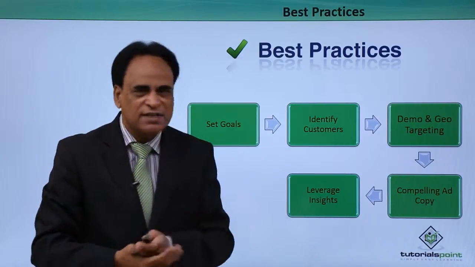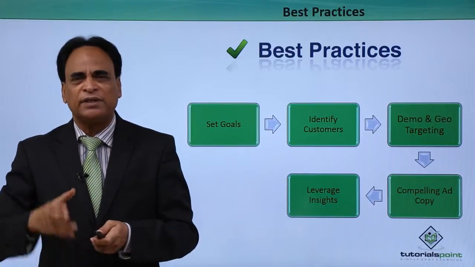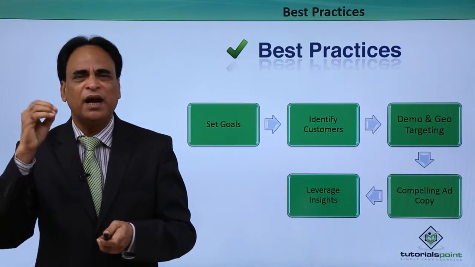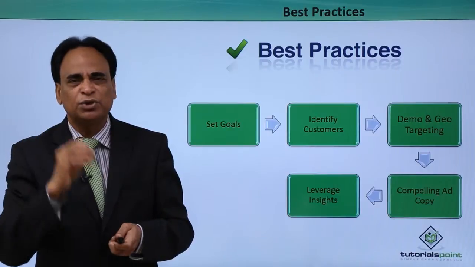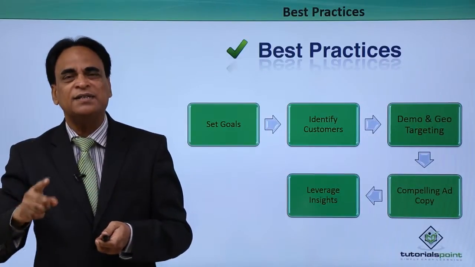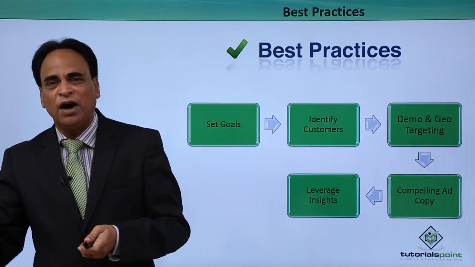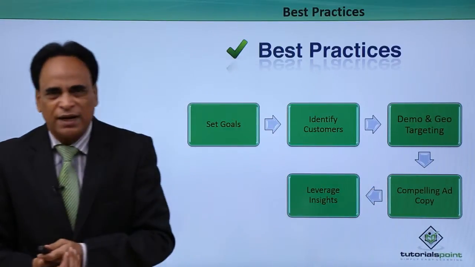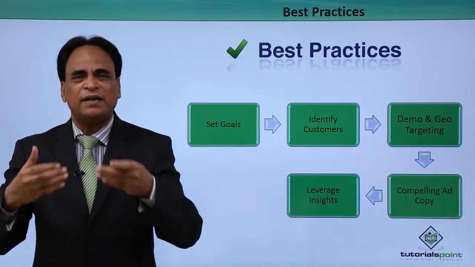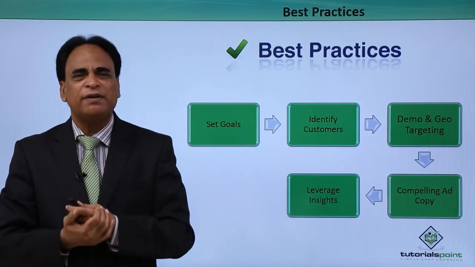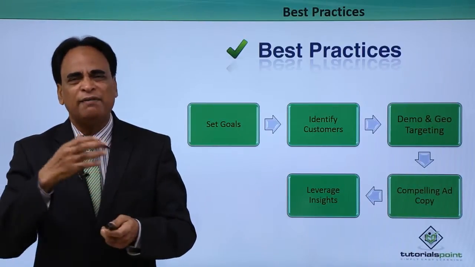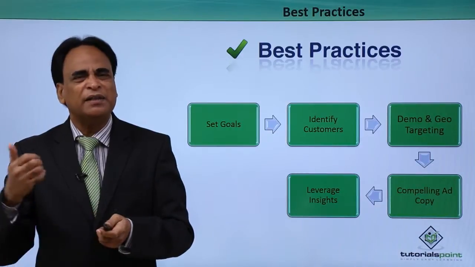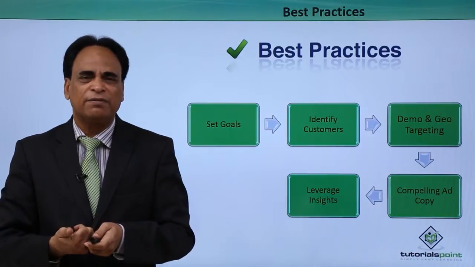Then leverage insights, the analytical part of it. Understand threadbare how your ad is performing through the insights, so that you can analyze, track, report, and optimize your ad. Then compelling ad copy. The ad copy, the headline, the description, they play a very, very important role. If you have an average ad copy, it may not get that many clicks.